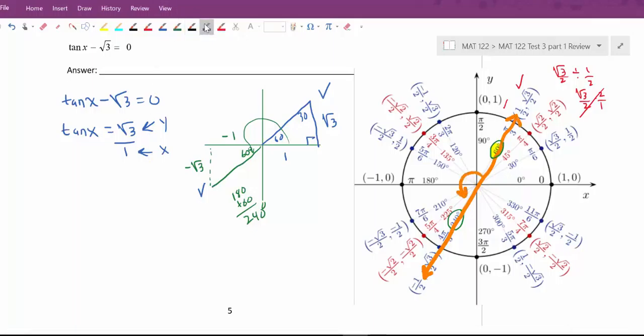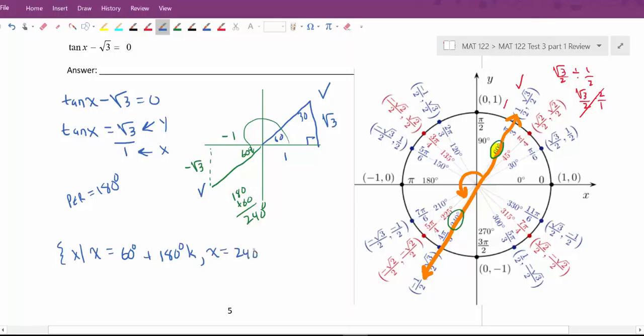So if we write our answer as a formula, we could say the set of x such that x is equal to 60 degrees plus 180 degrees k, remembering that the period of a tangent is 180 degrees, with k being an integer. Then you could say x is equal to 240 degrees plus 180 degrees k, with k being an integer.